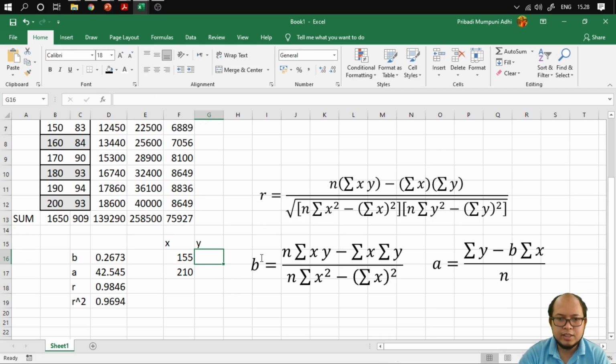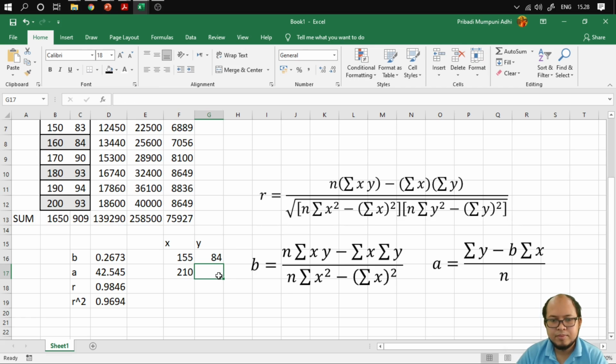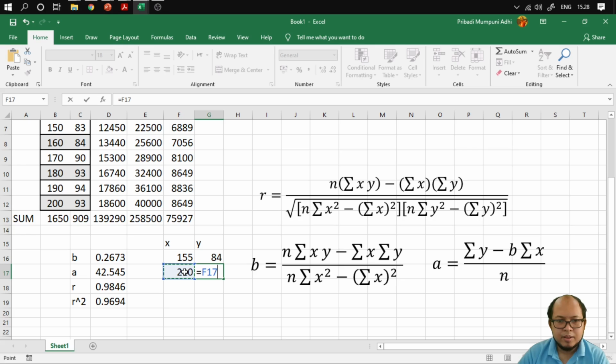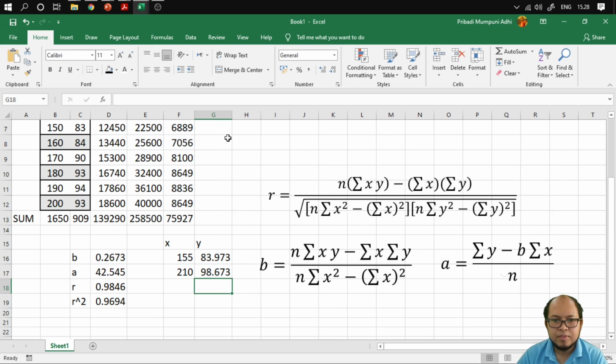So let's use this equation. So the equation is bx plus a. If we use one decimal, we round up.